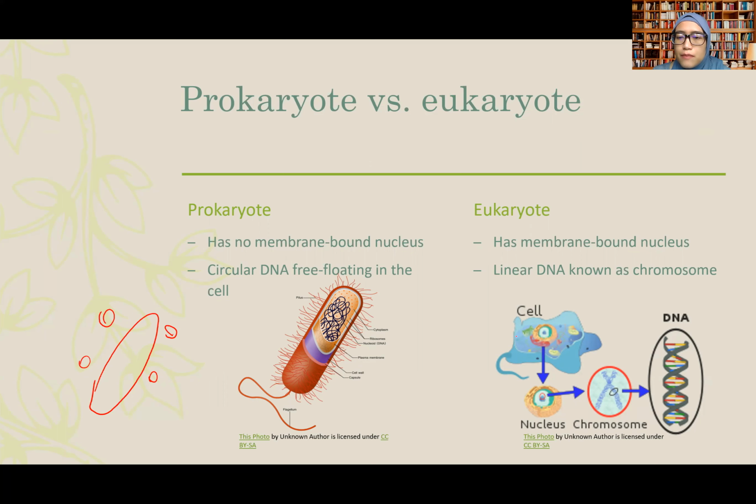And eukaryotes have a membrane-bound nucleus. The DNA is inside the nucleus in a linear chromosome. So that's the main difference: with a nucleus and without a nucleus.